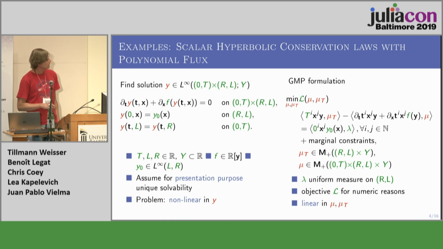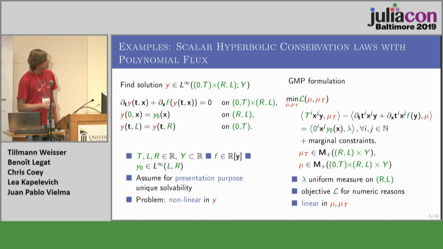And basically what we do is we multiply this by test functions. Our test functions are t^i x^j, and we do integration by parts so that the derivatives go over to the test functions. Then here you see basically your differential equation again. And you add some other constraints, and you end up with one huge generalized moment problem.